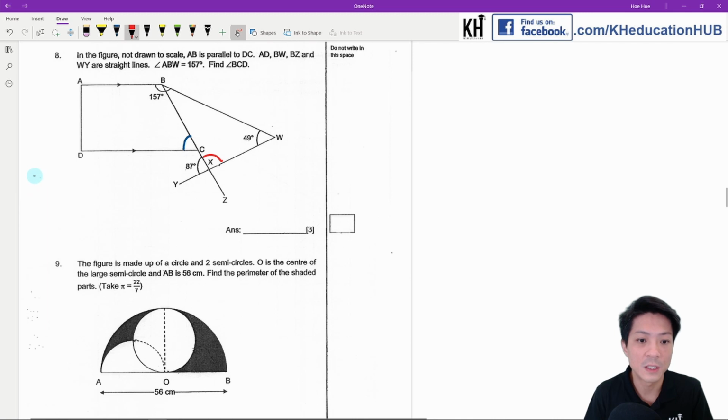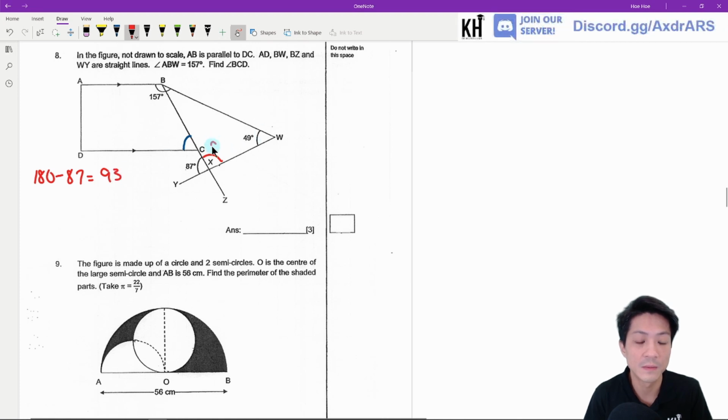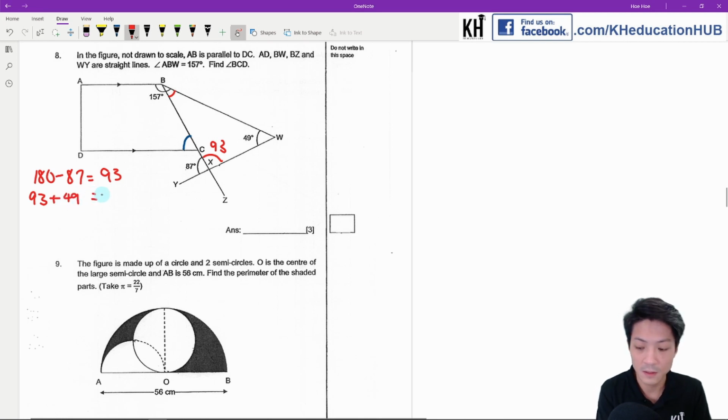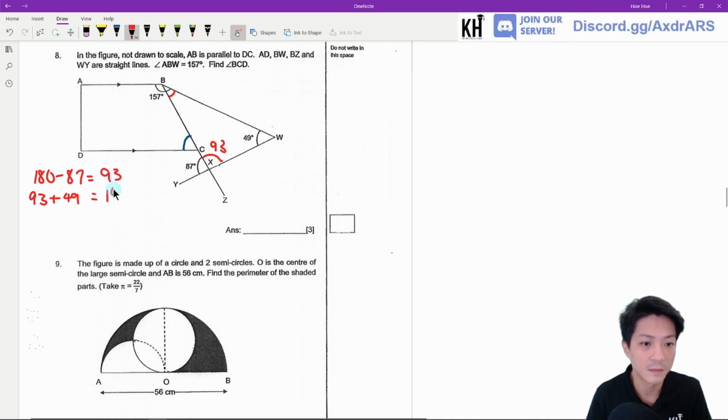This angle over here will be 180 minus 87, which will be 93. Then now I can find this angle over here. Okay, that angle will be, first I'm gonna add up 93 plus 49, 142, then 180 minus 142 is equal to 38.